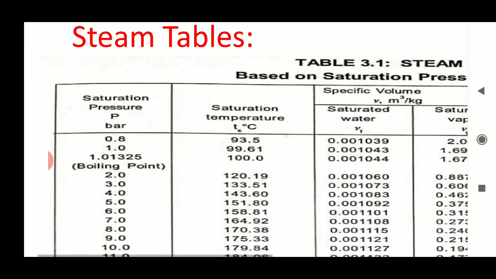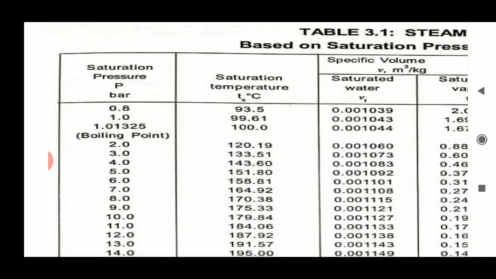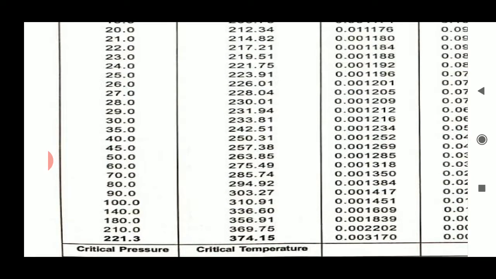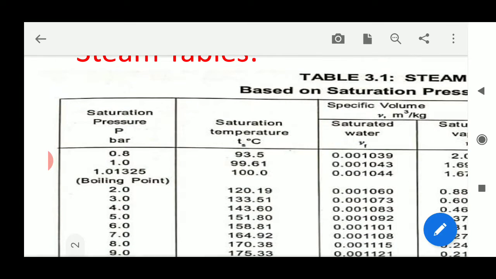So here, if you see the extreme left column, saturation pressure P in terms of bar for the different pressures starting from 0.8, then 1.013, that is atmospheric pressure. So from that onwards up to 221.3 bar, the pressures and the various data are shown in this table.